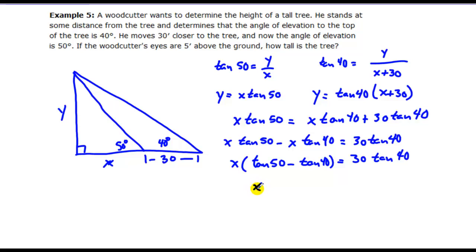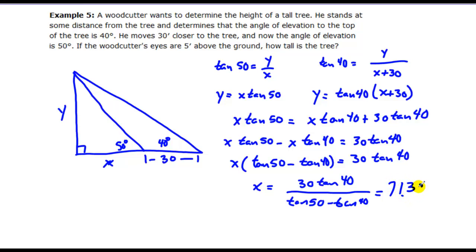Divide, so x is equal to 30 tan 40 over tan 50 minus tan 40, which is equal to 71.38. Now, once again, that's the x value, and I'm looking for the y value.